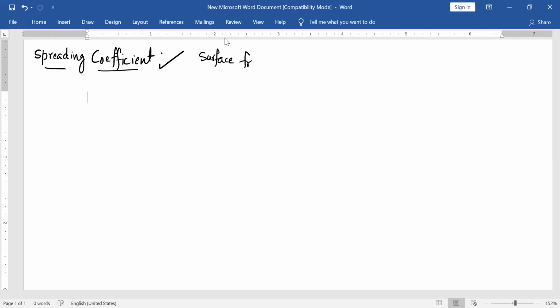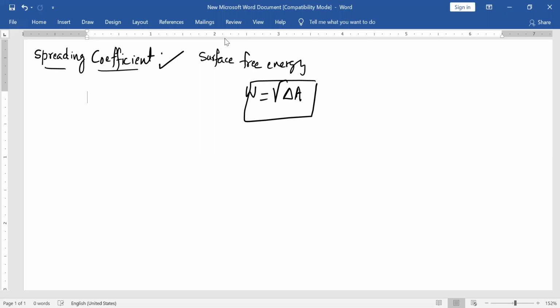Surface free energy is W is equal to gamma delta A.